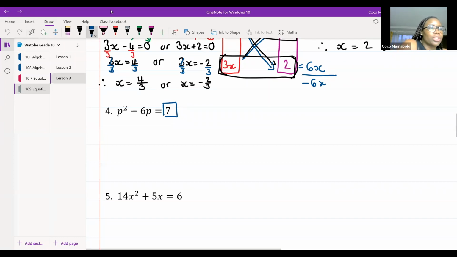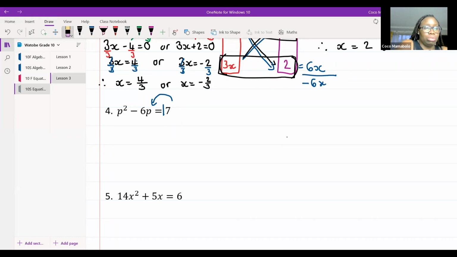So I'm going to take the 7 over to the other side of my equal sign. And instead of being positive, it's going to become negative. And Mbali's saying, why? Mbali, remember we're using the zero product law. We can't use the zero product law if we don't have 0 on the other side.